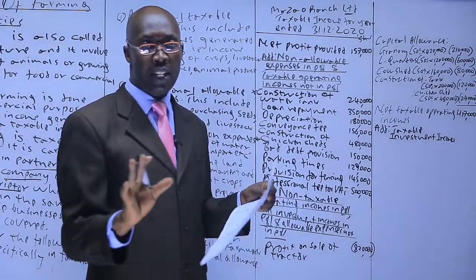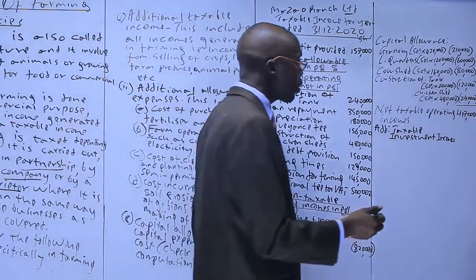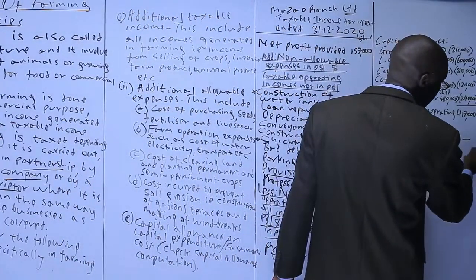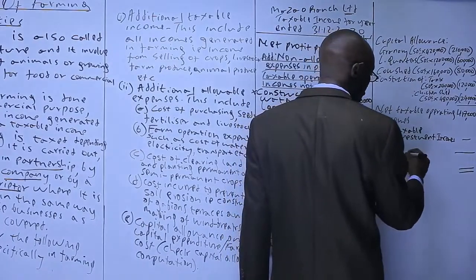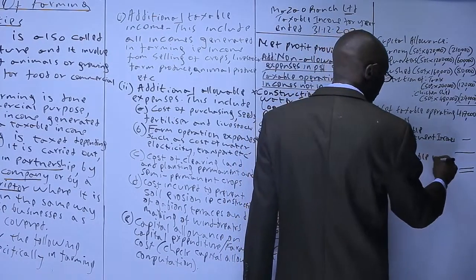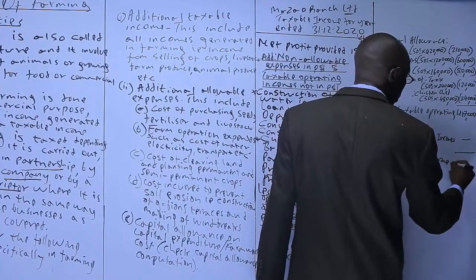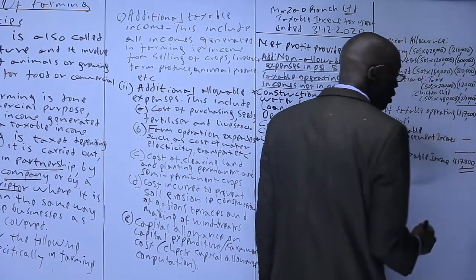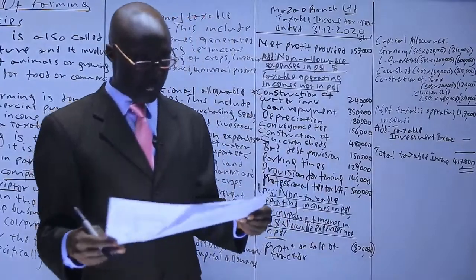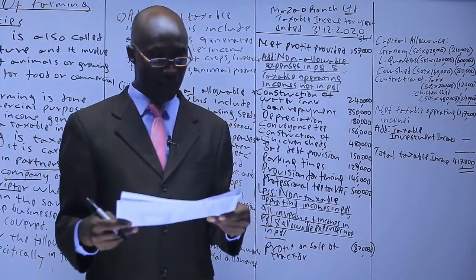There is no investment income. So this would be a dash, meaning the total taxable income would be the 417,000.